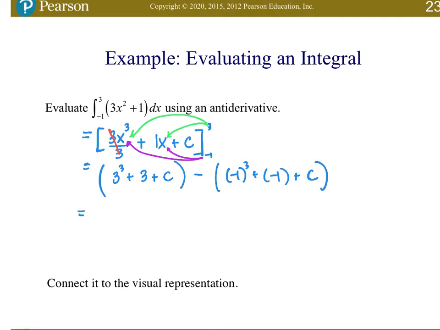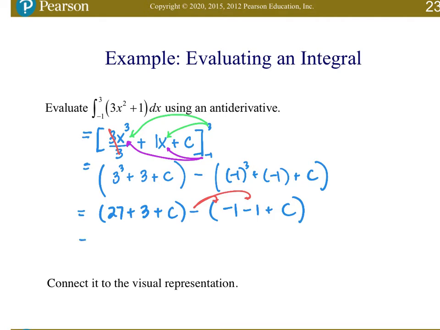And then I simplify and evaluate. So this will be 27 plus 3 plus c minus -1 minus 1 plus c. Then I've got to distribute this negative.